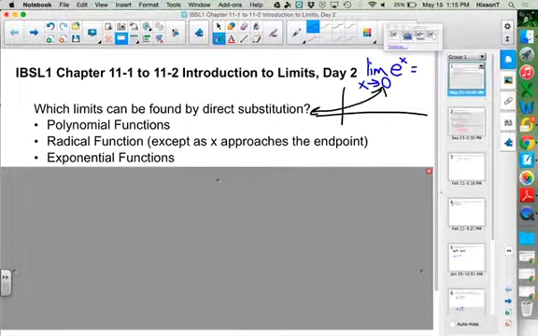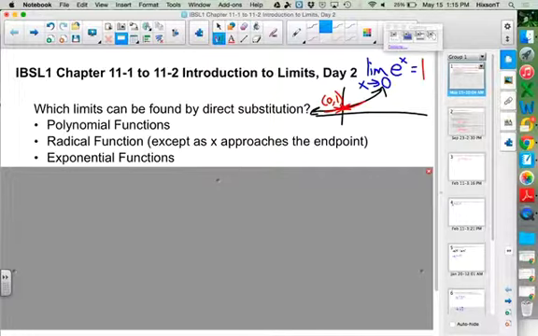Notice as x approaches 0 from either side, it's approaching that point. Does anyone know what that point would be? 1. Okay, 0, 1. So if I just plug in 0, e to the 0 is 1.